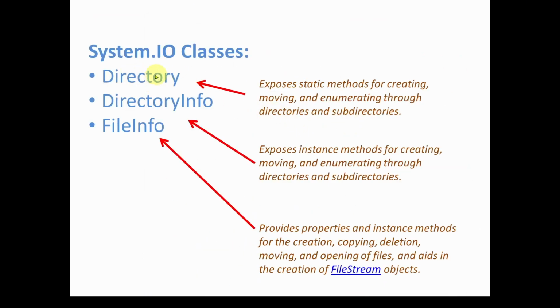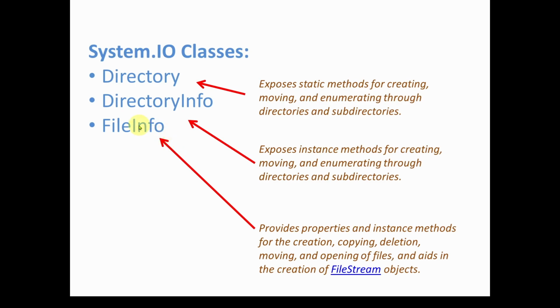So if you look at the Directory class and look at the explanation, it says it exposes static methods for creating, moving, and enumerating through directories and subdirectories. Aha, that might help us. DirectoryInfo exposes instance methods for creating, moving, and enumerating through directories and subdirectories. So they sound very similar, but one is static methods and one is instance methods.